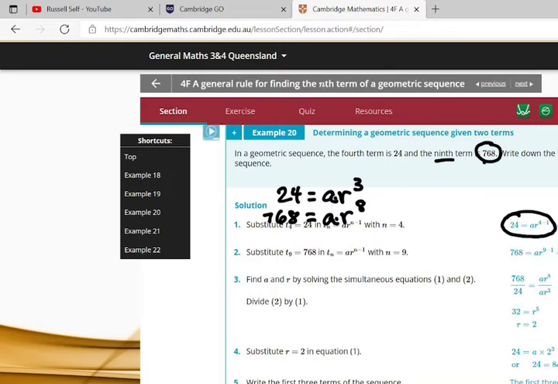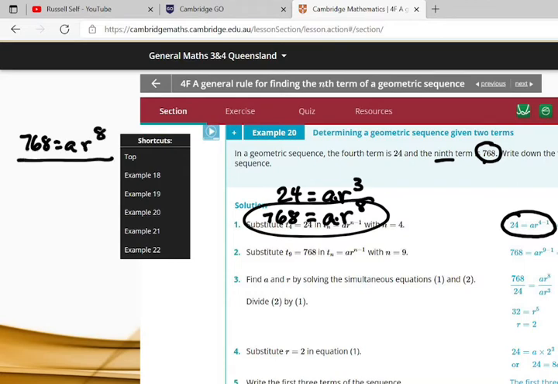So the only way to get rid of it is to divide one of the equations by the other equation. And since these terms are bigger than the others, we'll do that one on top. So 768 equals AR to the 8th divided by the whole equation, 24 equals AR to the third.